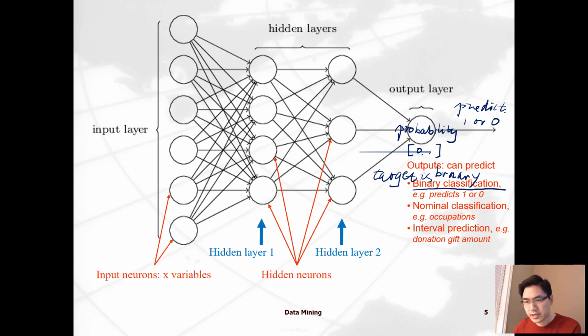The prediction will be 1 if the probability is greater than or equal to 0.5. So the output layer will first calculate the probability, and based on the cutoff value, the prediction would be either 0 or 1.